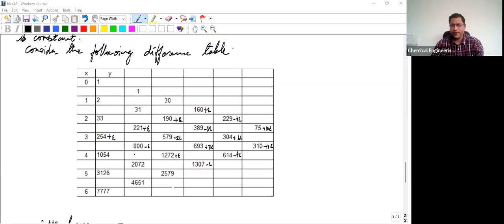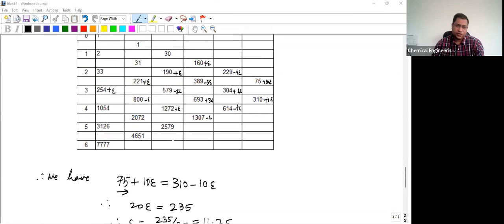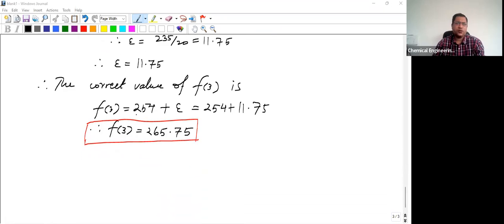We know how the error propagates and how we are able to catch it and then correct it, provided that we know the degree of the polynomial which is followed by the given observations.